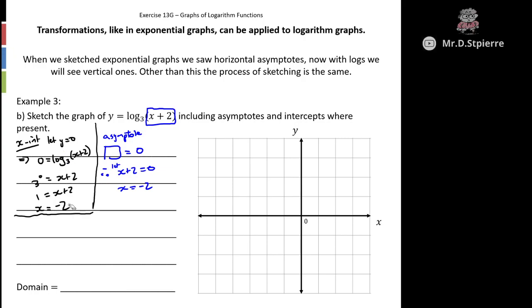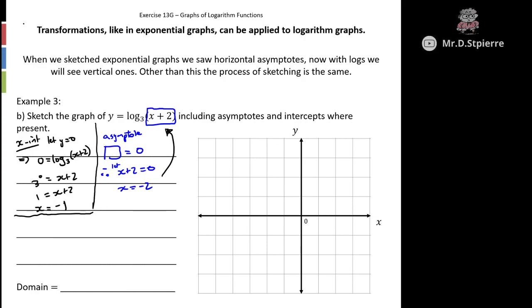Silly mistake in the previous one. 1 equals x plus 2, solve that, that's x equals negative 1. Okay. So our asymptote is x equals negative 2. So let's sub that in quickly to double check. I put negative 2 in there, negative 2 plus 2 is 0, so I'm being asked 3 to the power of what gives me 0. That's impossible. So it is therefore an asymptote.